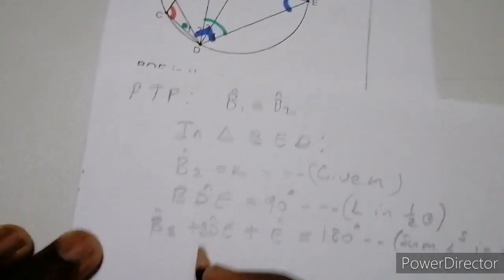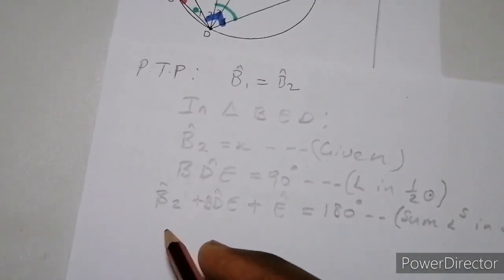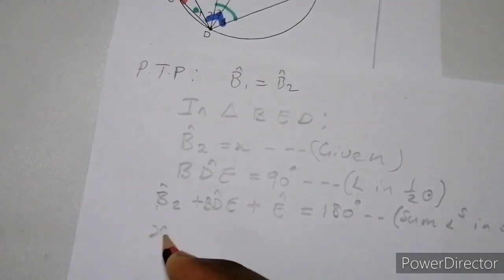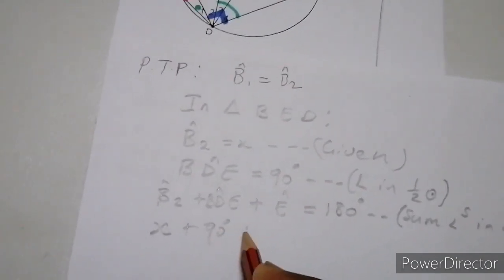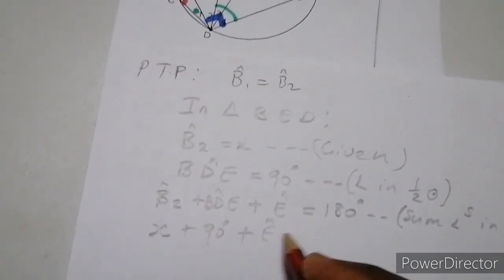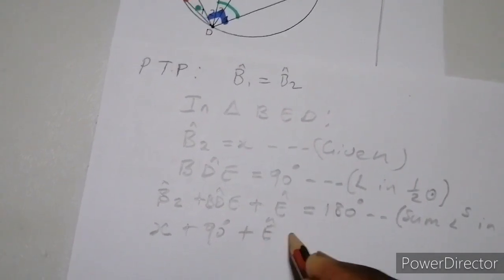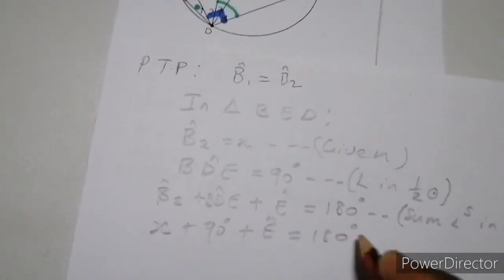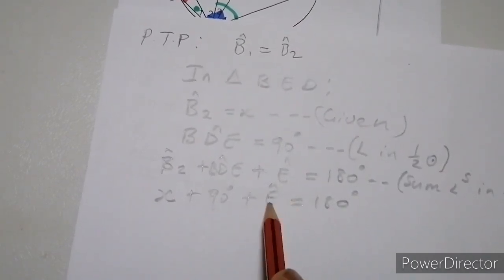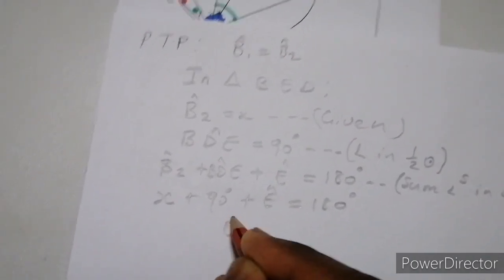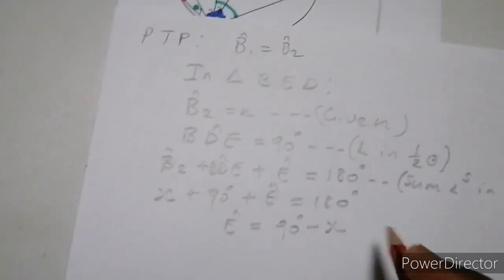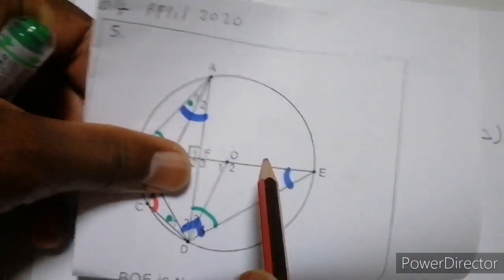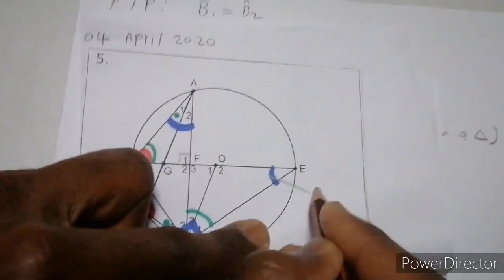Now, when we substitute, remember angle B2 is X, and angle BDE is 90, and angle E equal to 180. Then we're going to make angle E the subject of the formula. When we rearrange, angle E is equal to 90 minus X. Now we found this angle. This angle now is 90 minus X.